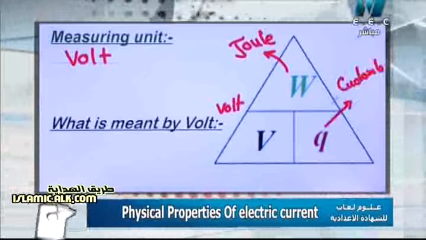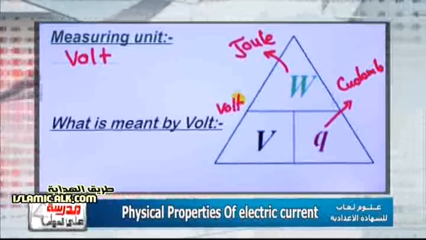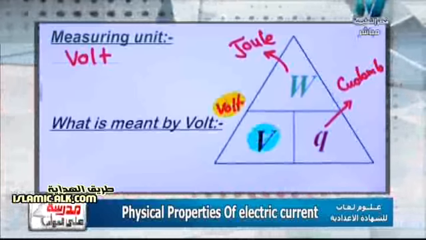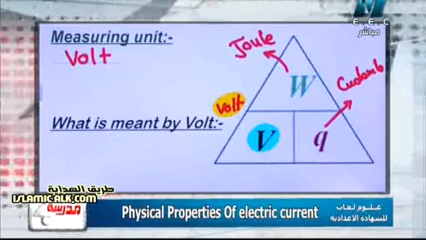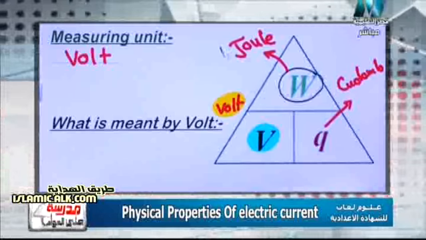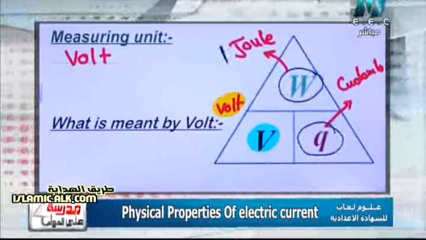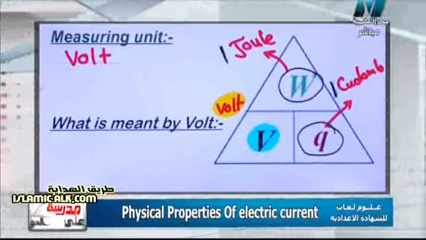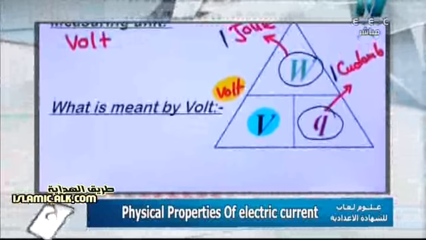So, what is meant by volt? أقول له إيه بقى? It is a potential difference when work done equals 1 joule and quantity of charge equals 1 coulomb. We can say this definition again. What is meant by volt? Volt, it is, أقولها له بقى يلا.